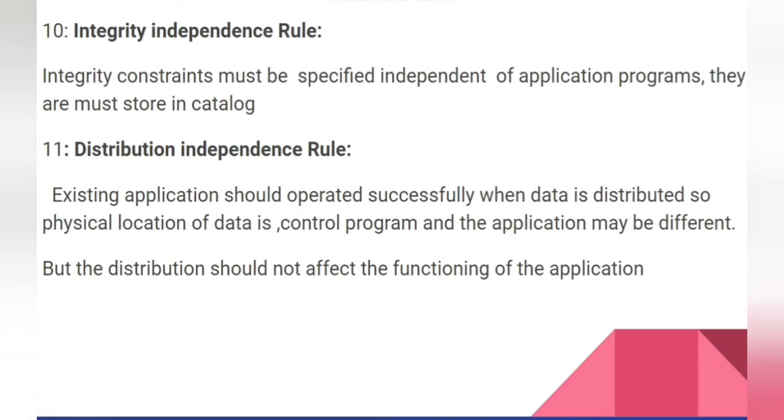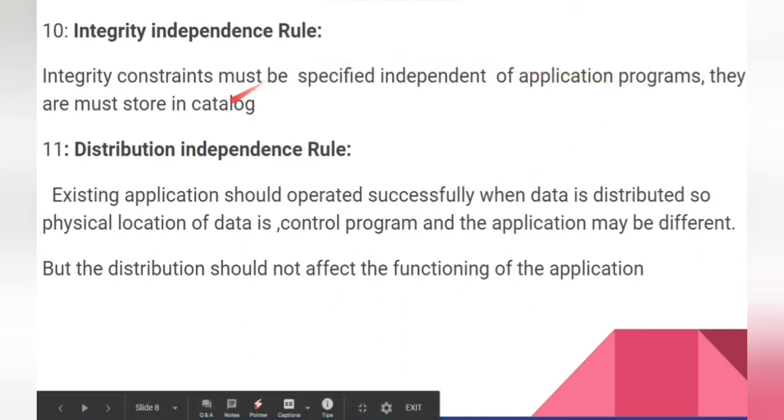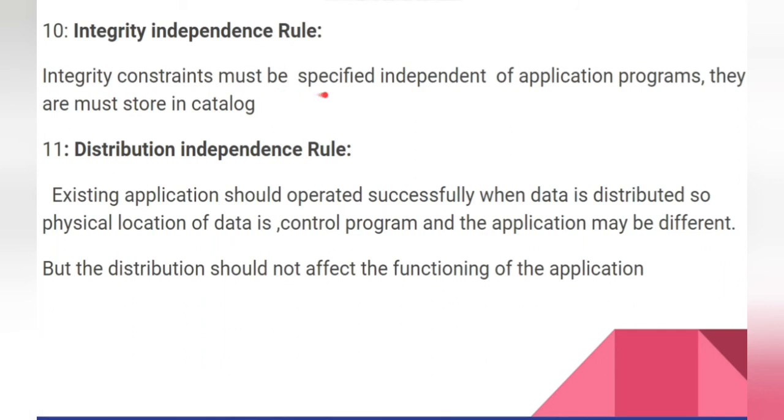So we have the integrity independence rule. Integrity constraints must be specified independent of the application program. They must be stored in the catalog. So when we specify constraints on the data, they must be independent from the application program.